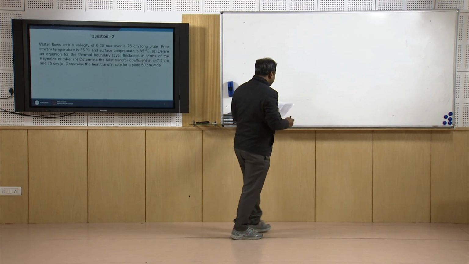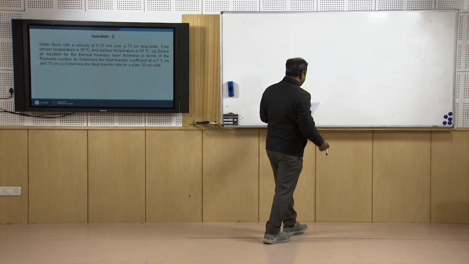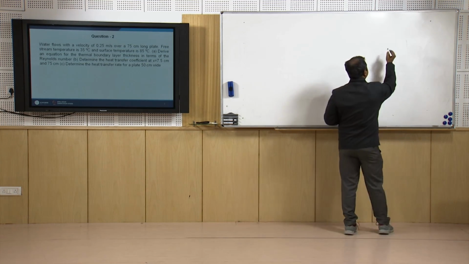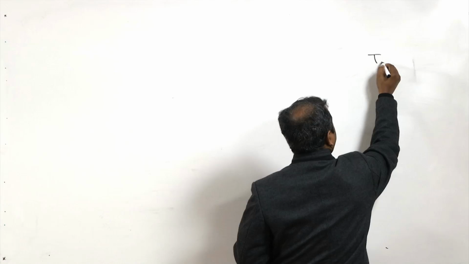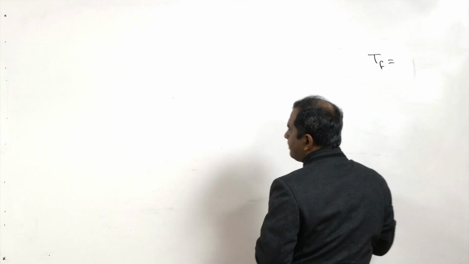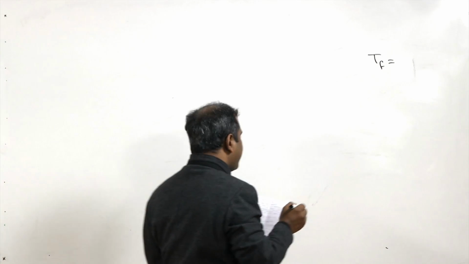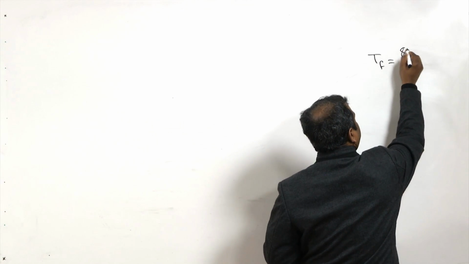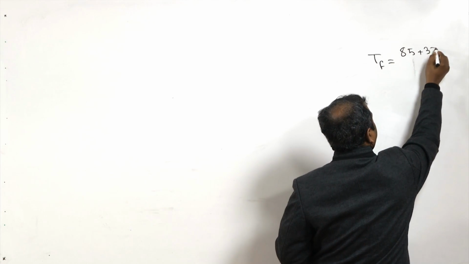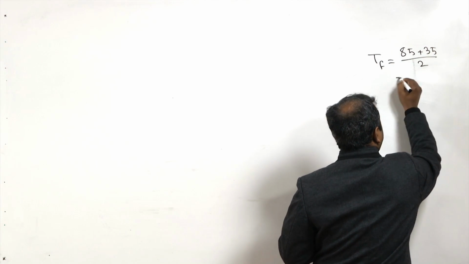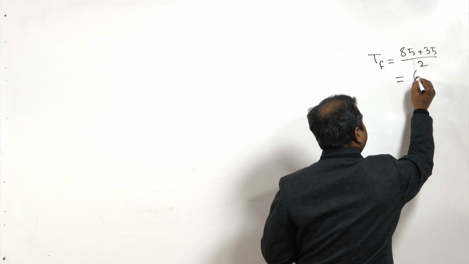Okay. So, first let me find out the mean temperature. Let us say the mean temperature Tf, the mean temperature for the fluid, is 35 plus 85 divided by 2. So, this is actually 60 degrees centigrade.